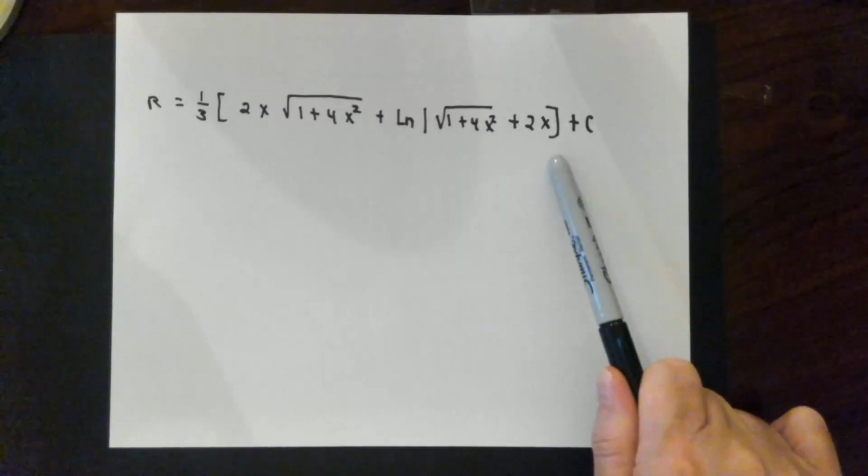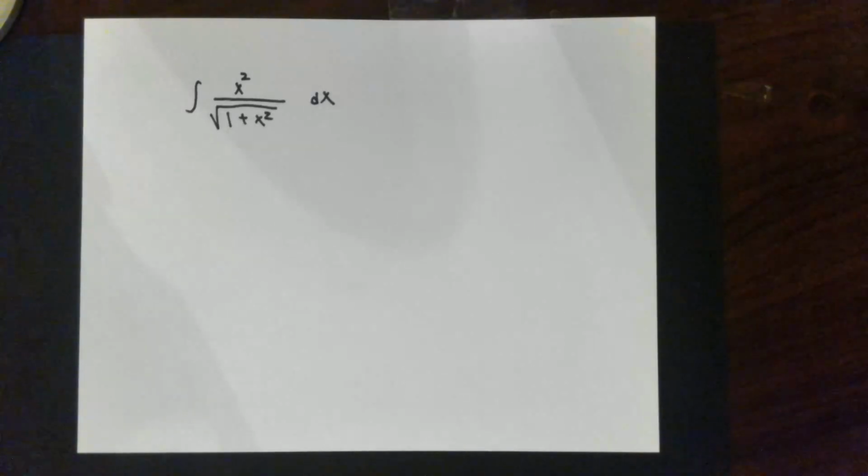this quantity. In this integral, the integral of x squared over radical 1 plus x squared dx, a comment that's worth mentioning is, if the top were just x instead of x squared, I could just do a substitution to do that integral.